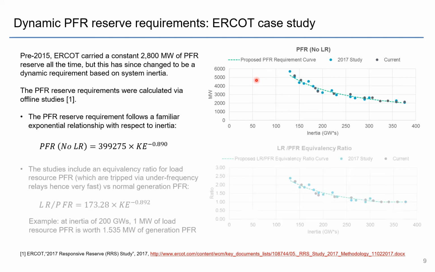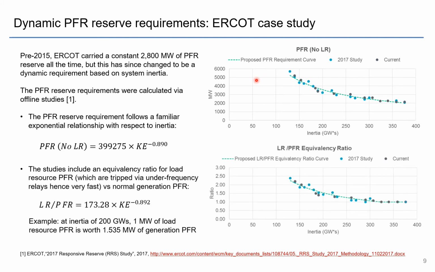One thing they also did was include an equivalency ratio for load resource PFR, which is triggered by under-frequency relays, and they're very fast. So they can really be considered fast frequency response, vis-a-vis the normal generation PFR.